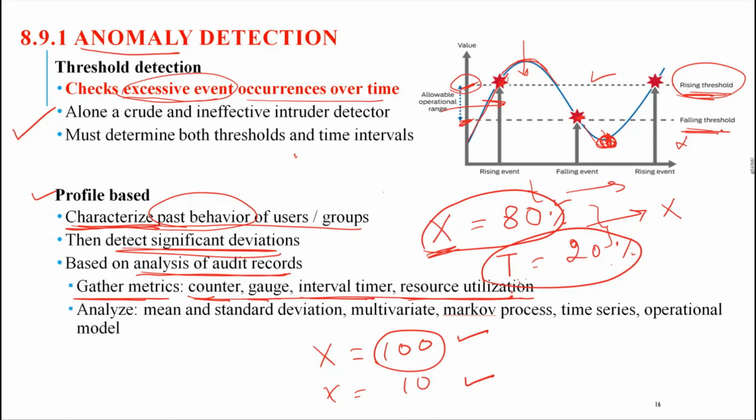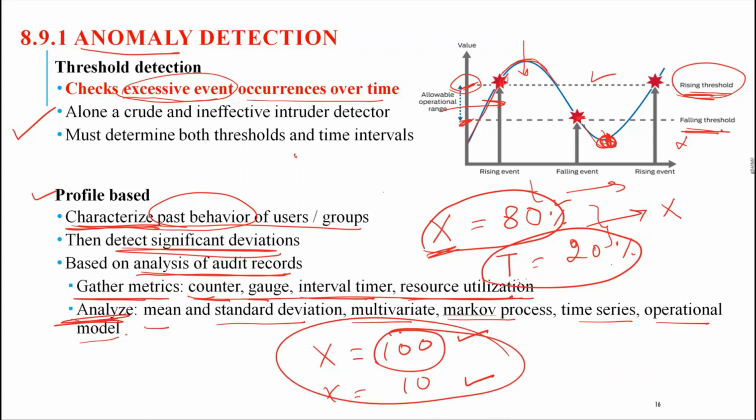Once you measure these values, you have to go for the analysis. You can do any type of statistical analysis, for example finding the mean, standard deviation, multivariate, Markov process, time series, operational model. These are all statistical models you can apply on this data, and finally you identify whether an intrusion has taken place or not.